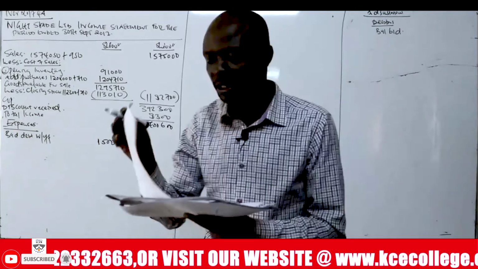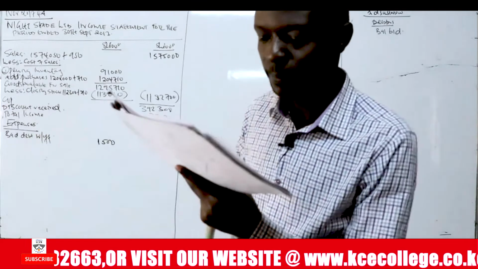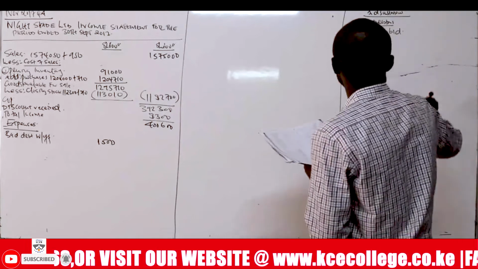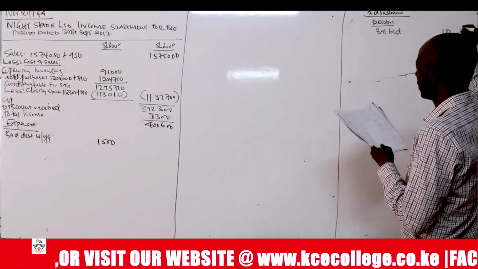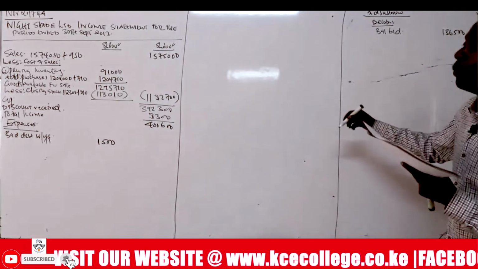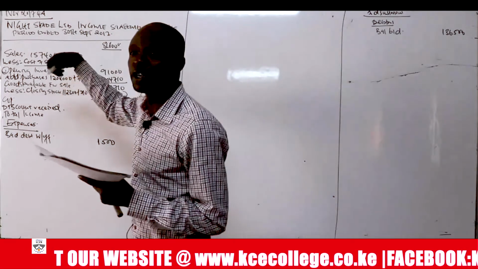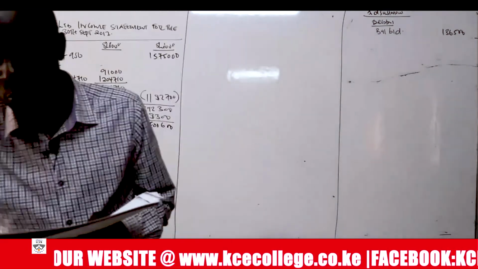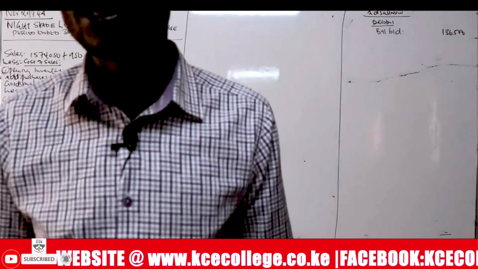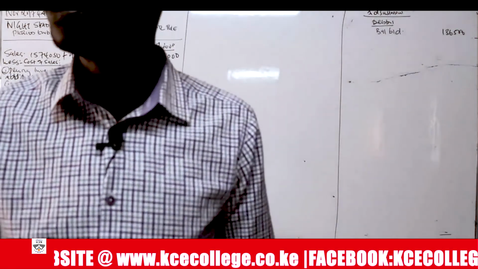Debtors, balance put down is how much for debtors? 136,500, isn't it? And then we are going to add in omitted invoices. These are issued, but they are omitted, so they are not recorded, isn't it? So when you sell on credit, you increase the value of debtors. You debit debtors and you credit sales, isn't it?